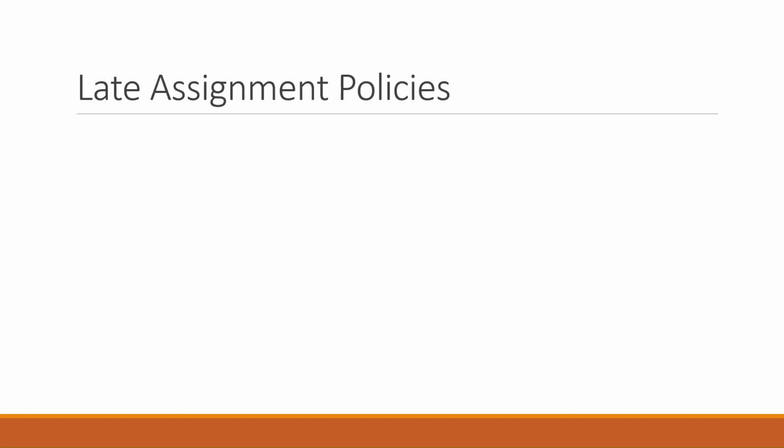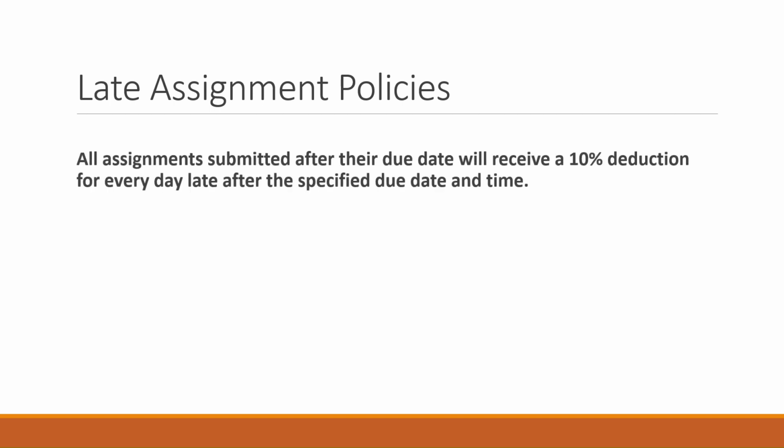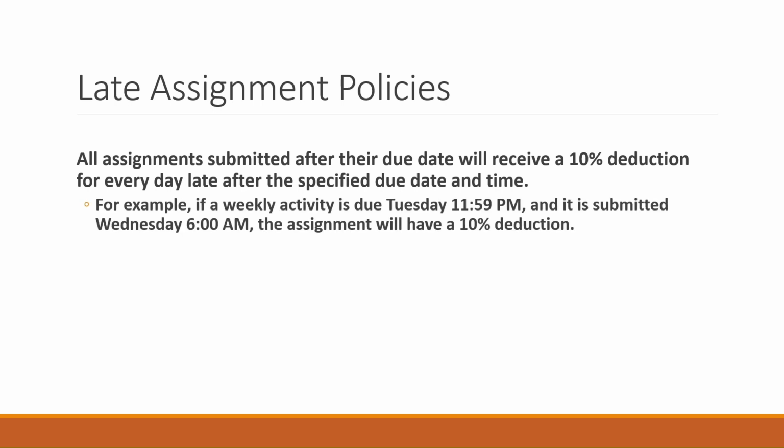Students may turn late assignments in, however, there are consequences. All assignments submitted after their due date will receive a 10% deduction for every day late after the specified due date and time. So let me show you what I mean by that. For example, weekly activities are due each Tuesday at 11:59 p.m. So let's say that a student submits their weekly activity the next day at 6 a.m. This assignment will receive a 10% deduction.